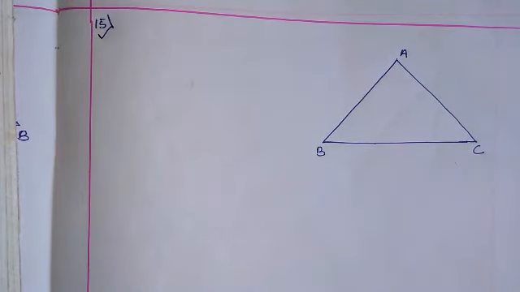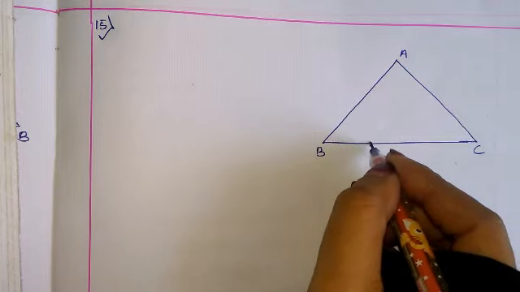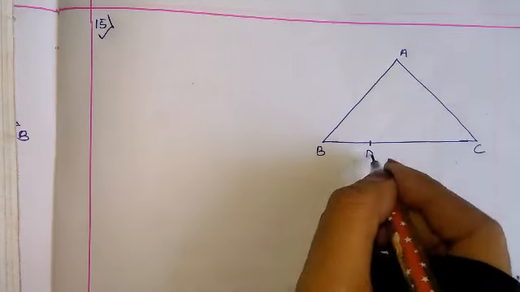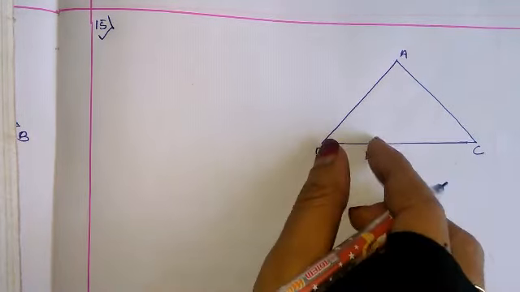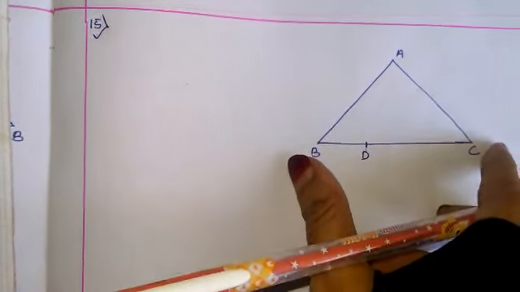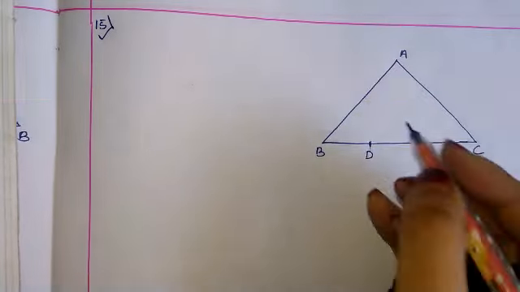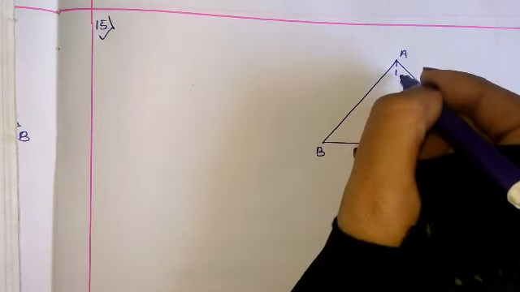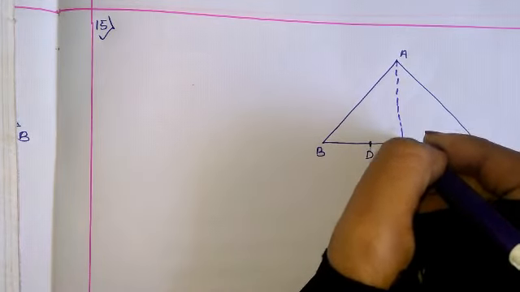And they have told D is a point on BC such that BD should be 1/3 of BC. Okay, this must be only 1/3 of full BC. Yes, I have written 1/3. Okay, let us draw one altitude. Let AE be the altitude. Let us draw one AE as an altitude.